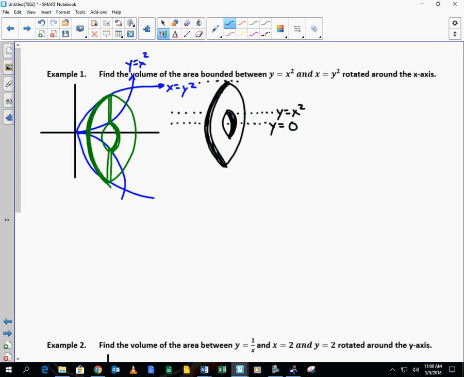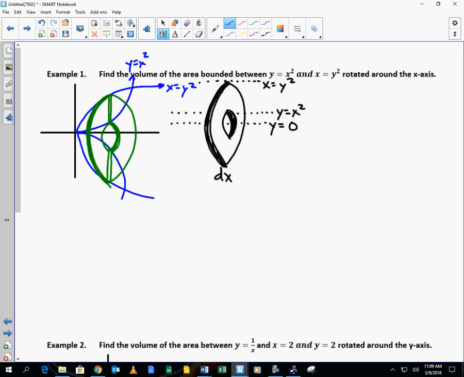What makes the top portion of the graph? x equals y squared. Yes. Okay, that's where we're stopping our rotation. If you went past that, you would have to switch what's on top and what's on bottom. That's a very good question. Okay, now the thickness is dx.